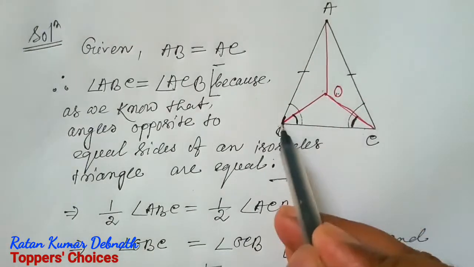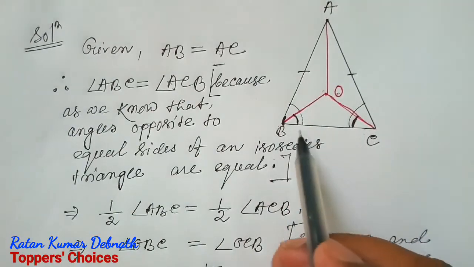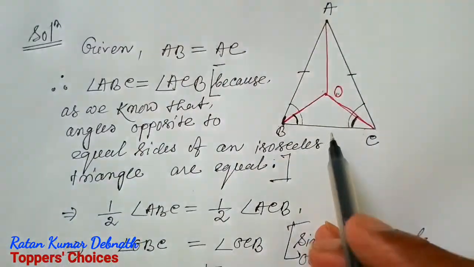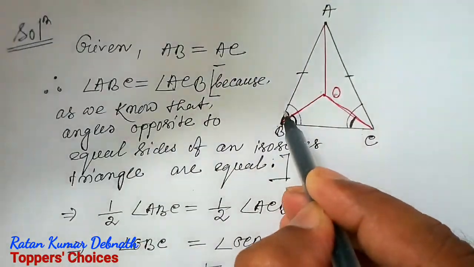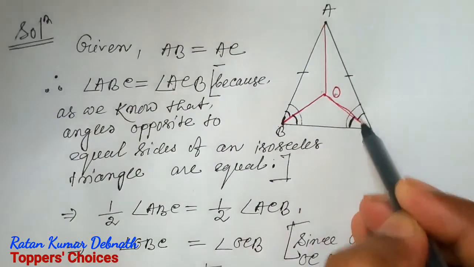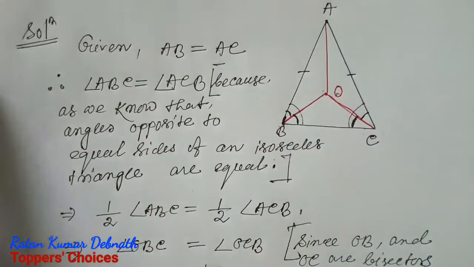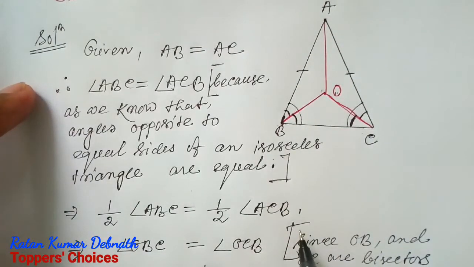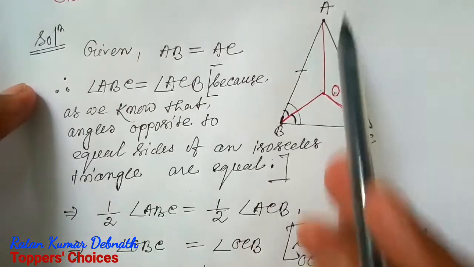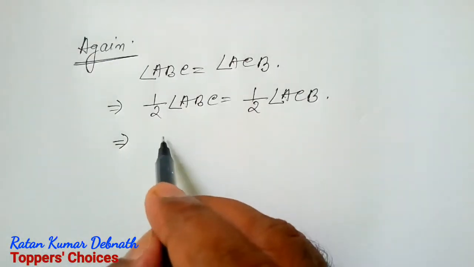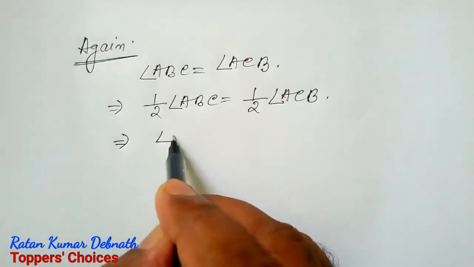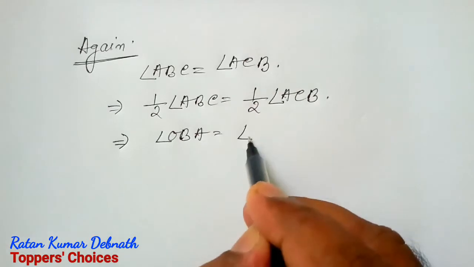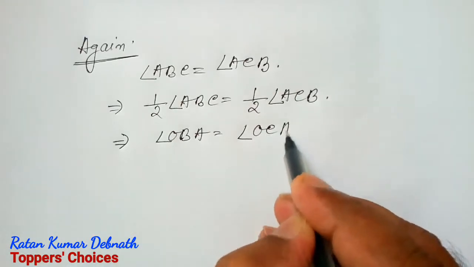Since this line and this line are the bisectors of angle B and angle C respectively, we can say these angle and these angle are also equal. That is, angle OBA equal to angle OCA.